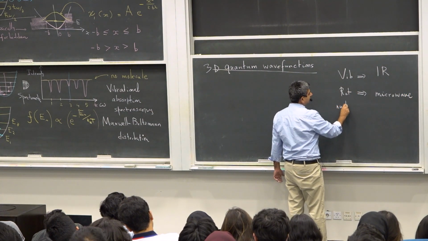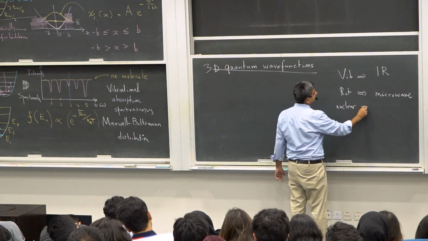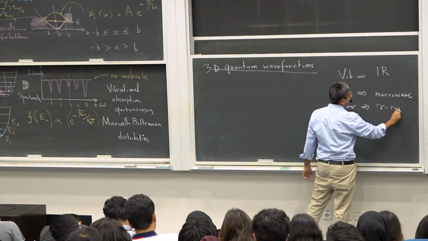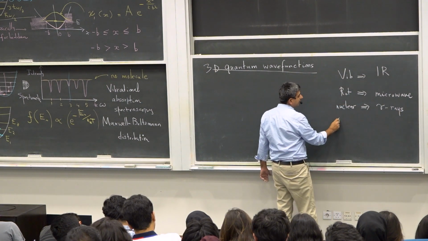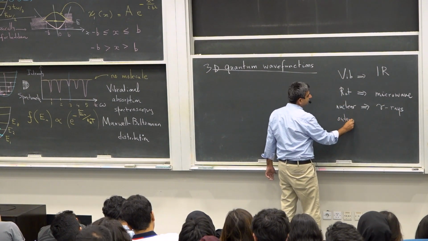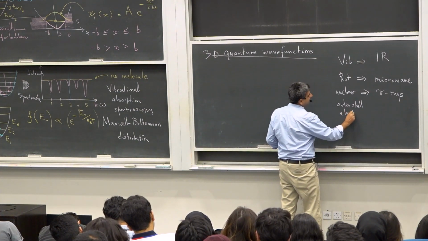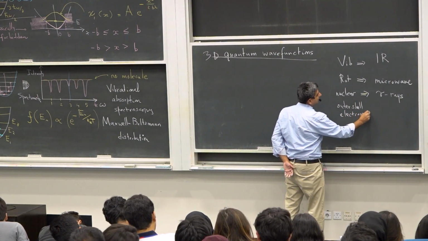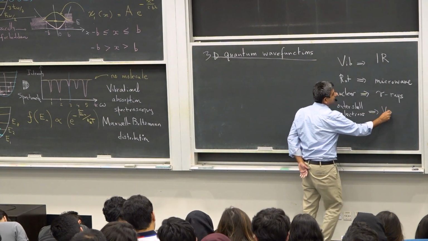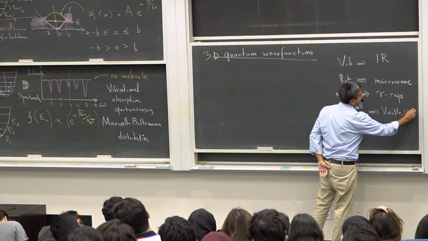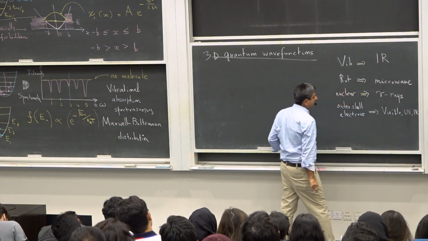Nuclear shell transitions give you gamma rays. Outer shell electron transitions generally give you visible, sometimes ultraviolet, sometimes infrared.